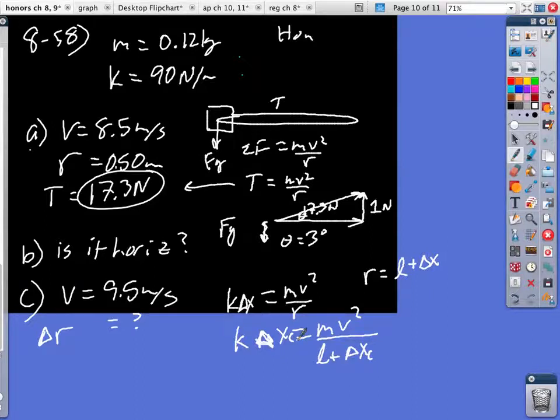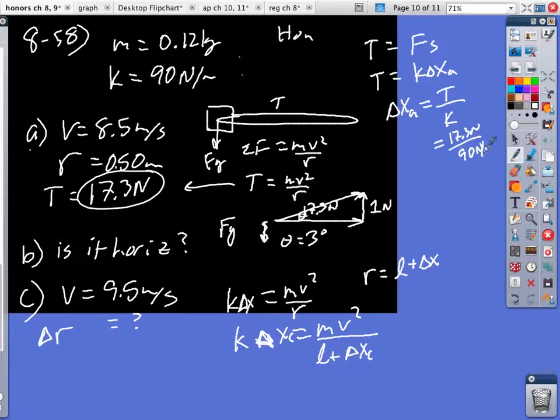So for delta xa, we know that tension is equal to Fs. So the tension is equal to Kx, or K delta x for A. So delta x for A is equal to T over K, and T is 17.3 newtons divided by 90 newtons per meter.